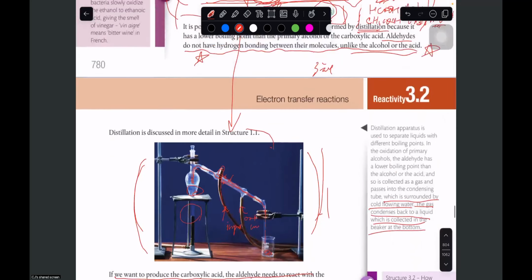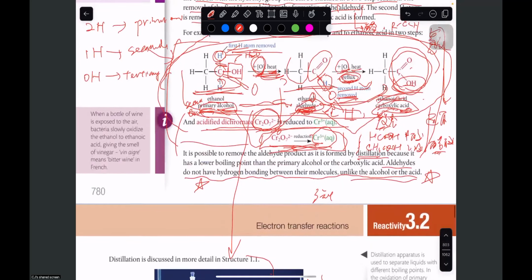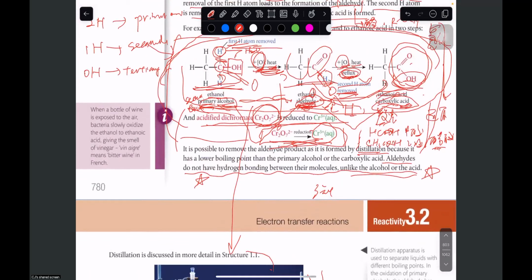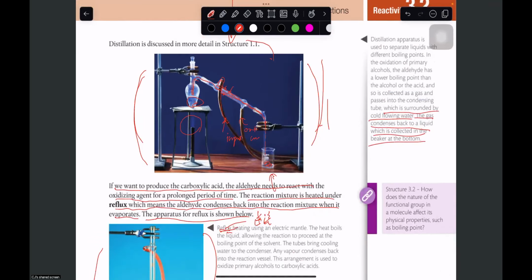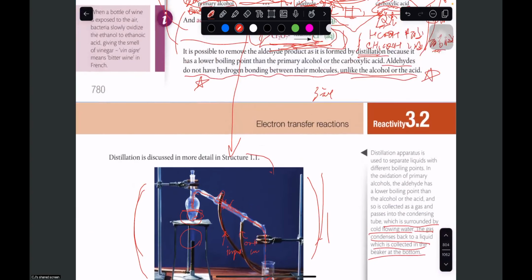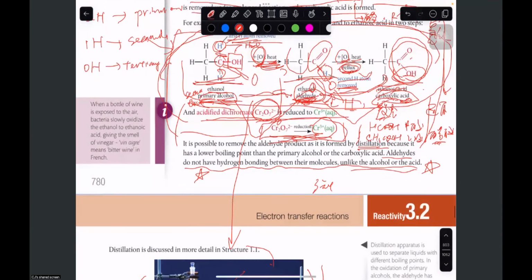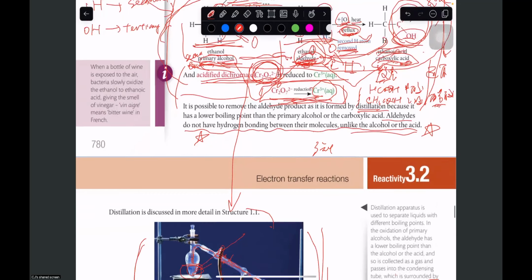So in this part, we can get the aldehyde here, right? This one is a mixture of the alcohol and Cr2O7.